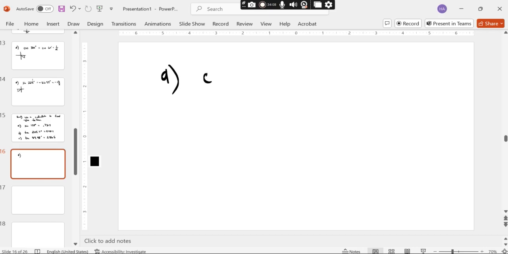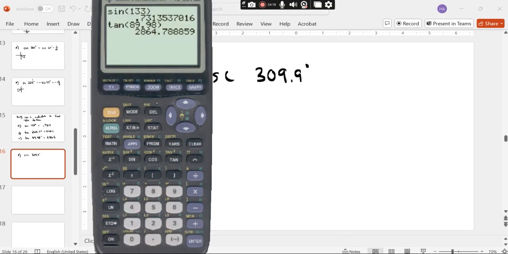How about cosecant of 309.9 degrees? Okay, how about this one? On your calculator, we do not have a button called cosecant. So technically it's 1 divided by sine of 309.9. And we get ourselves that right there. So negative 1.3035.